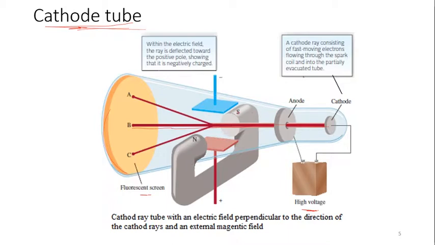Scientists added a magnetic field in the middle of this tube and an electric field to see what happens to this beam.